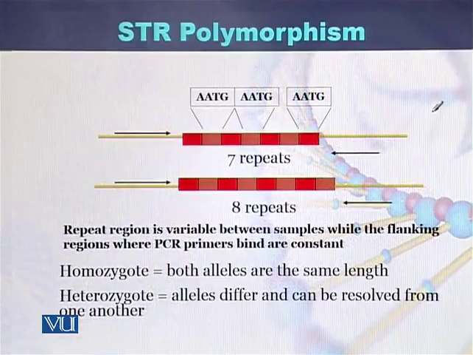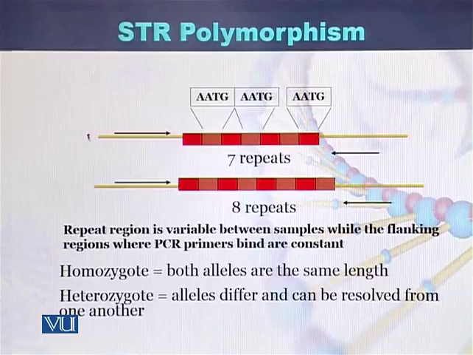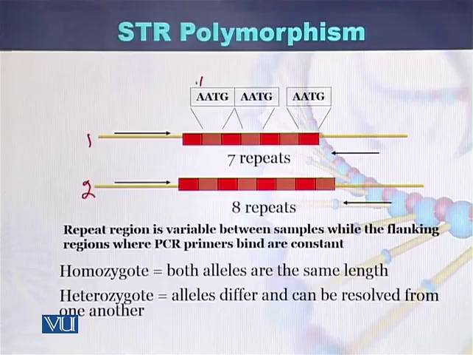Here we can see the phenomenon of STR polymorphism. There are 2 DNAs, DNA 1 that is of individual 1, and DNA 2 that is of individual 2. In this case we can see there are 4 nucleotides, that is tetranucleotide, so there is a repetition of a tetranucleotide.